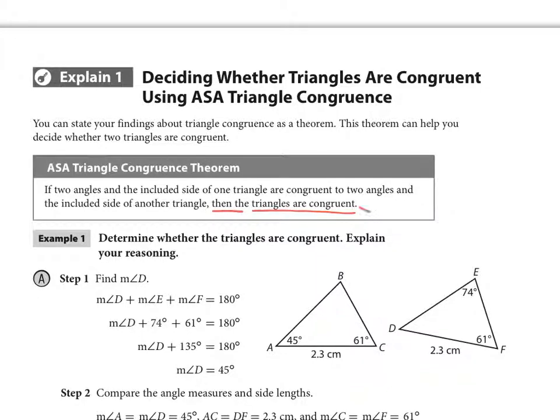Remember, that means all 6 parts will now be congruent, because we only show that 3 parts are congruent to get to all 6 parts being congruent. The rest have to be congruent if we know the 2 pairs of angles and the included side.